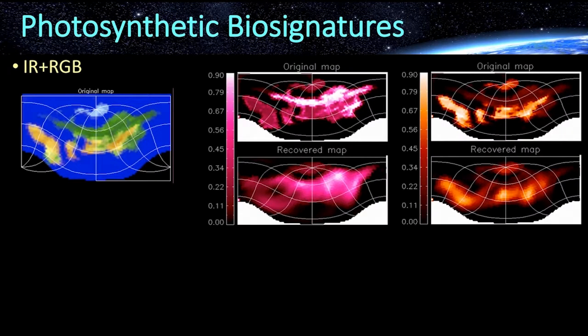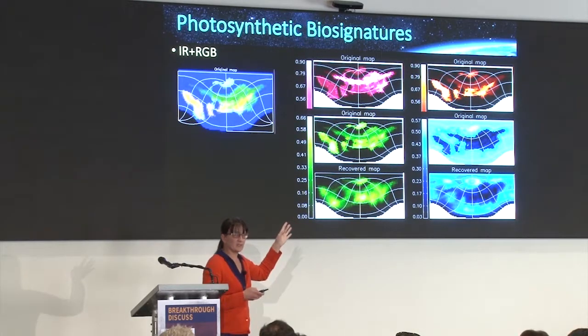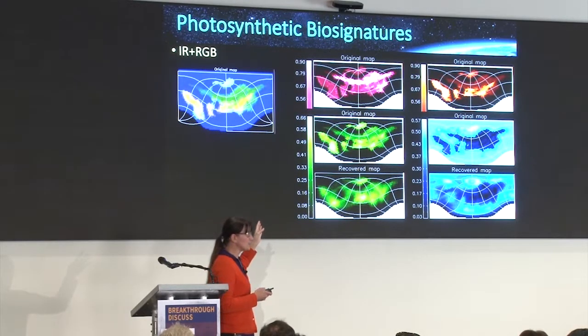And we can observe that planet in different bands. For instance, here is shown in pink, this is infrared, in red, this is the red band, and then the green band and the blue band. So basically, these are the RGB bands which we have on our iPhones plus the infrared camera.